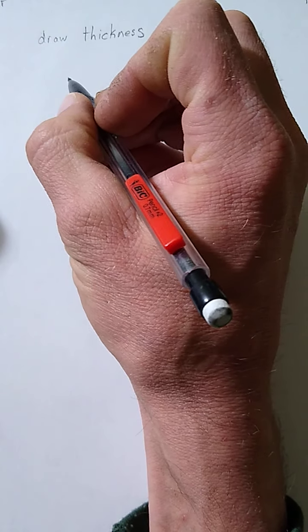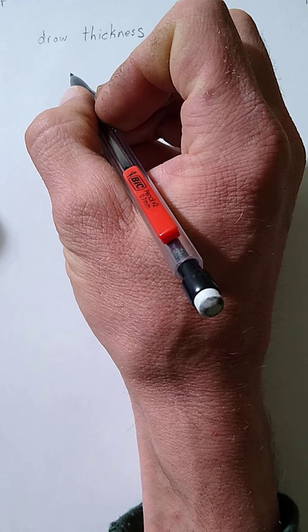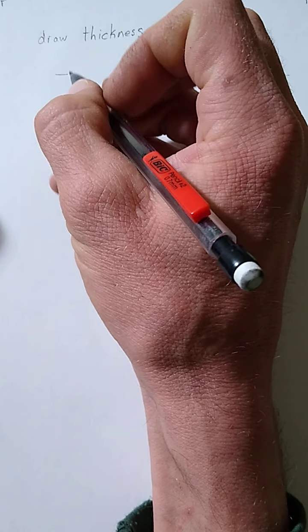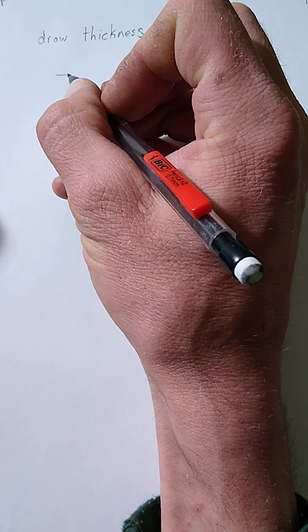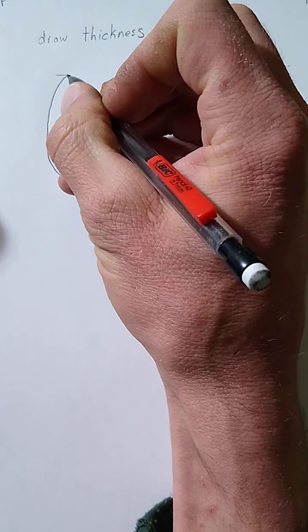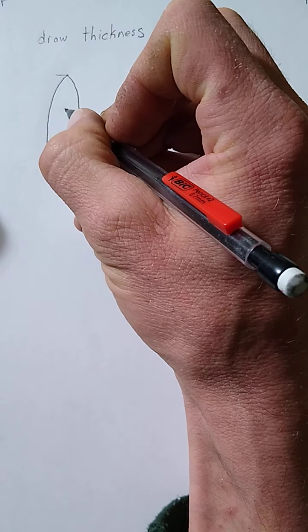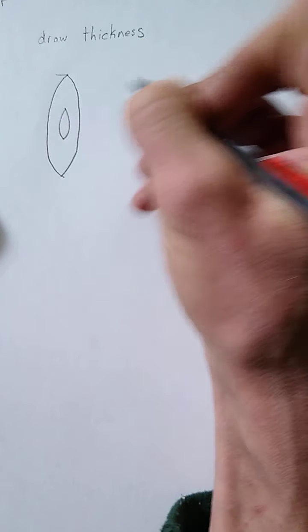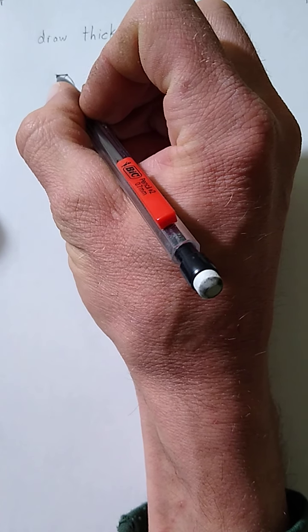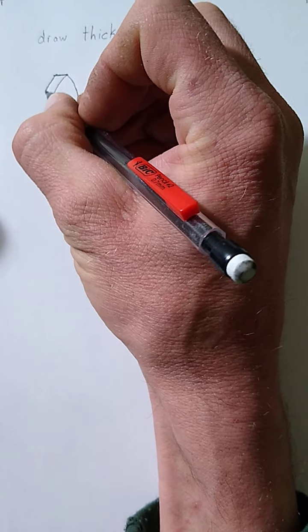So what I mean by that is, if we took a typical washer, a washer has an outer radius and an inner radius, and then it has a thickness. So that's how I recommend drawing your washers. You can start here, draw it symmetrically down, fill in the back sides, give it thickness.